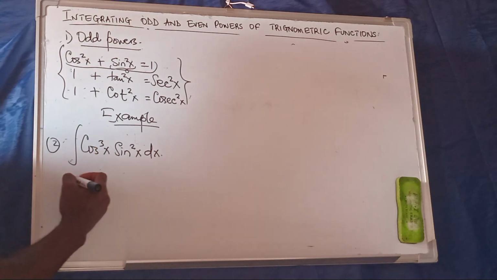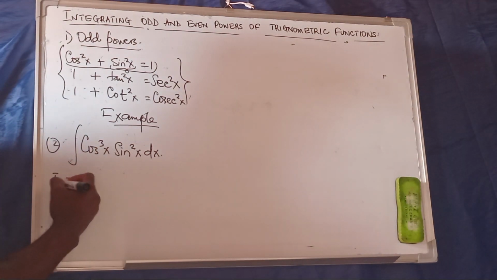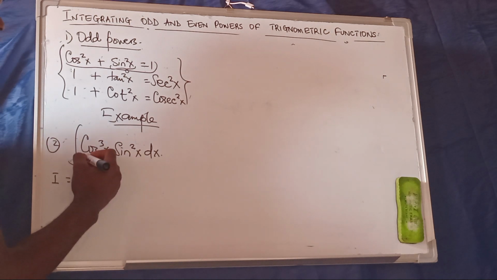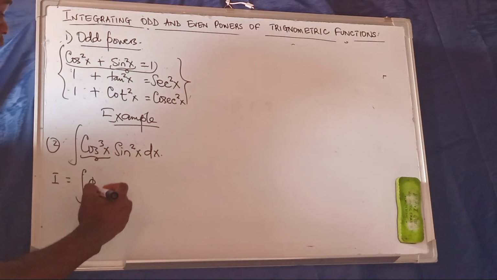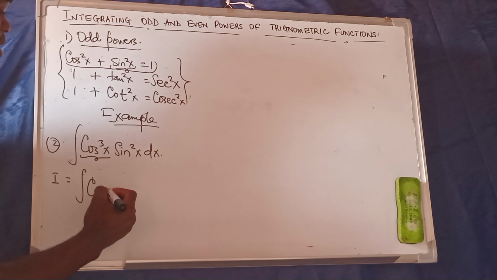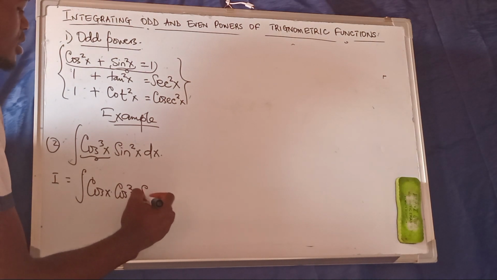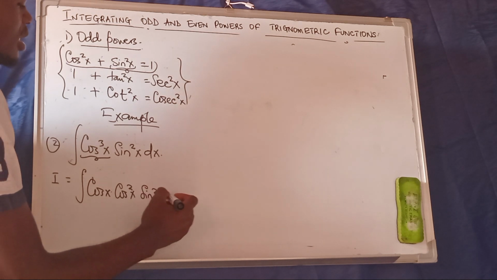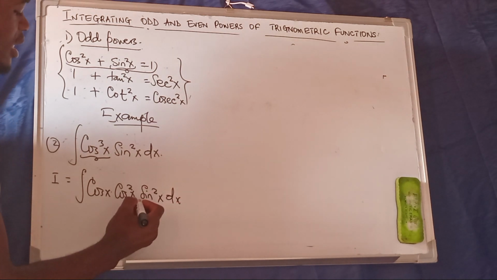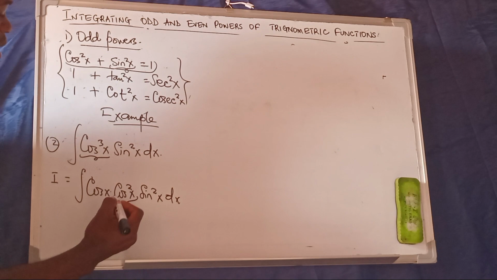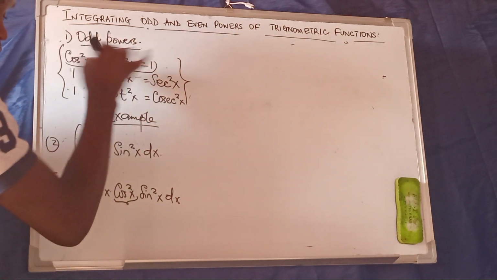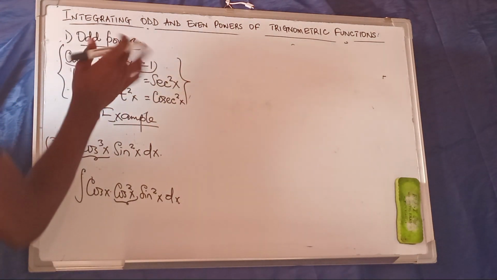How? Split it. We split this one with an odd power. This can be written as cos x times cos squared x, then we have our sine squared x dx. Then deal with this one, substitute it with this one.